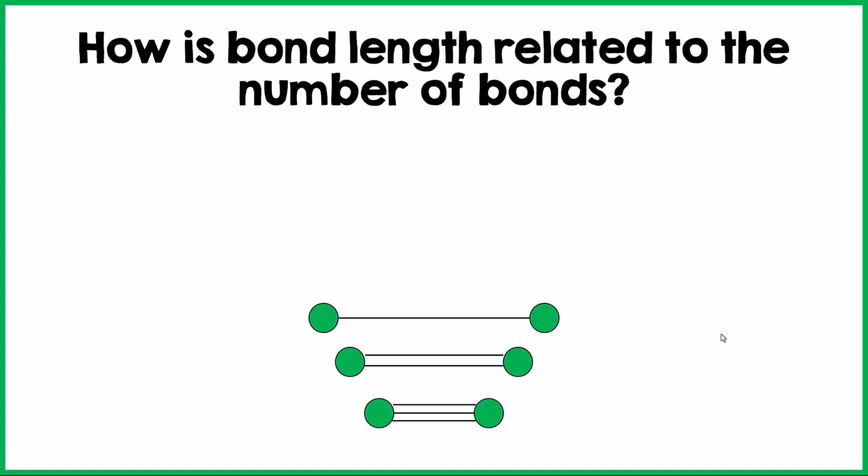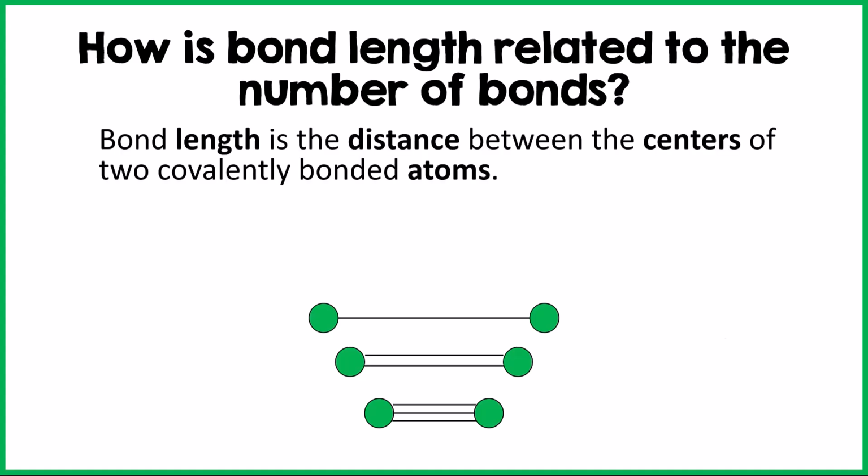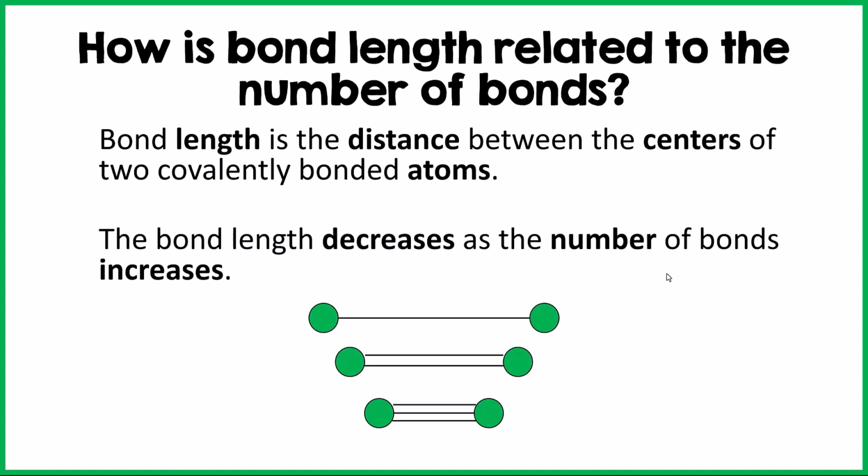And the length of the bonds is determined by the number of bonds. So bond length is the distance between the centers of the 2 covalently bonded atoms. And the bond length decreases as the number of bonds increases. So these dots here would represent our 2 different atoms that are being bonded together.